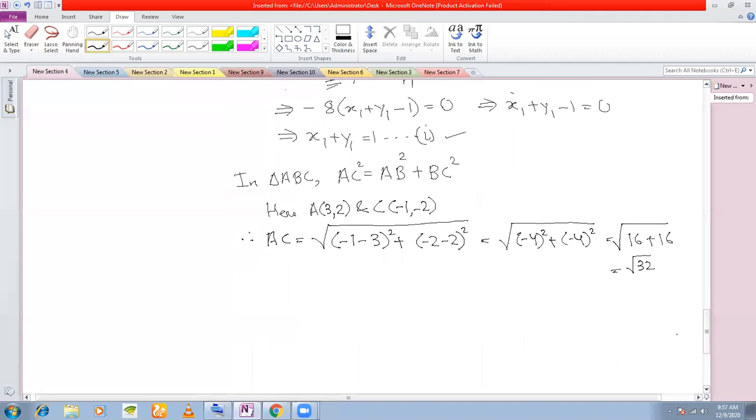So if AC is root 32, therefore that means what is AC square? AC square must be 32. Okay. Now we proceed to find out AB. So here A is 3, 2, and the coordinates of B we have taken as x1, y1 clearly. Therefore, what is AB?